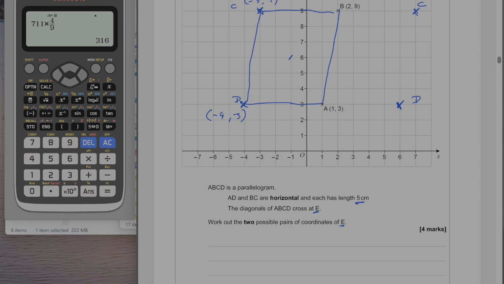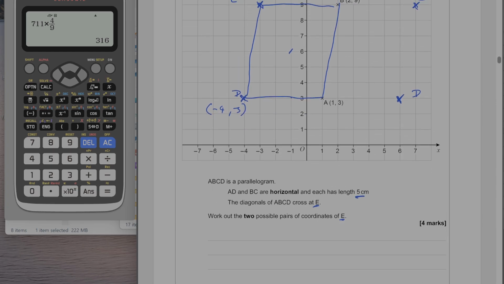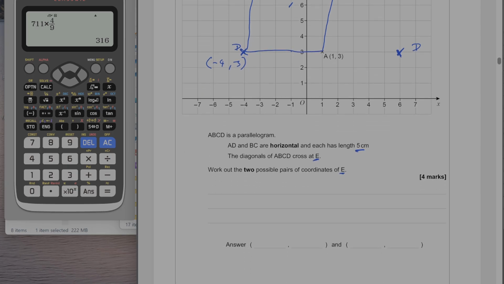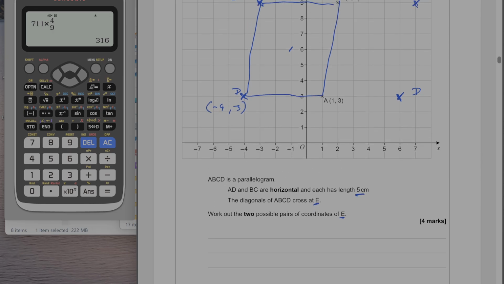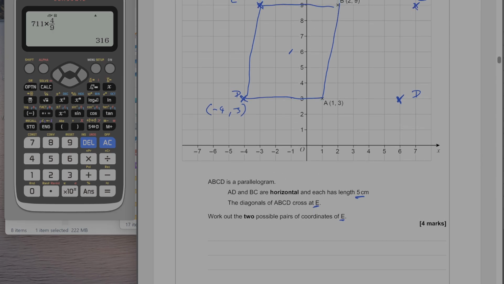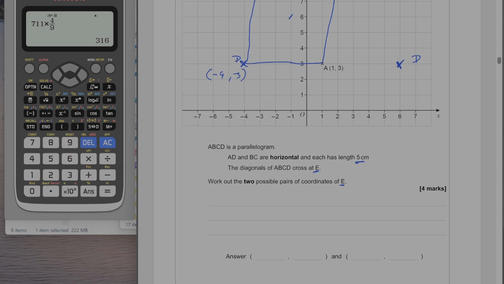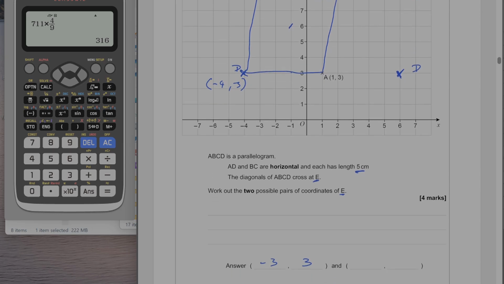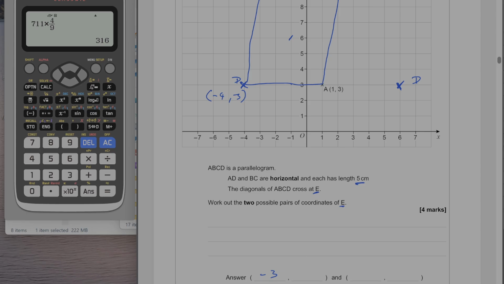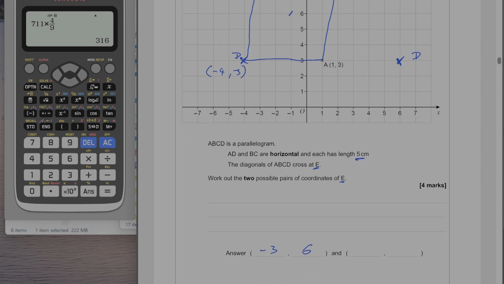So the x coordinate is going to be halfway in between 3 and 9. So halfway between 3 and 9 is going to be 6. I've done that the wrong way around. If I look at my x coordinates first of all, it's going to be halfway between 1 and minus 3, which would be minus 1.